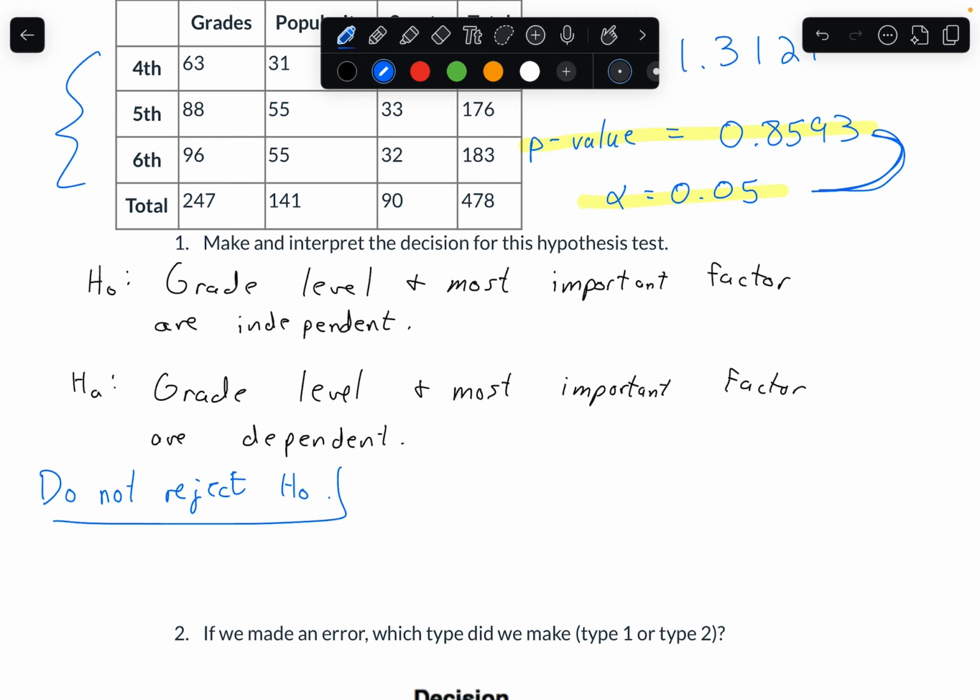And then if I want to talk about the decision, I'm going to talk about the evidence in support of the alternative hypothesis. If I didn't reject H0, that means that there wasn't enough evidence to support the alternative hypothesis.